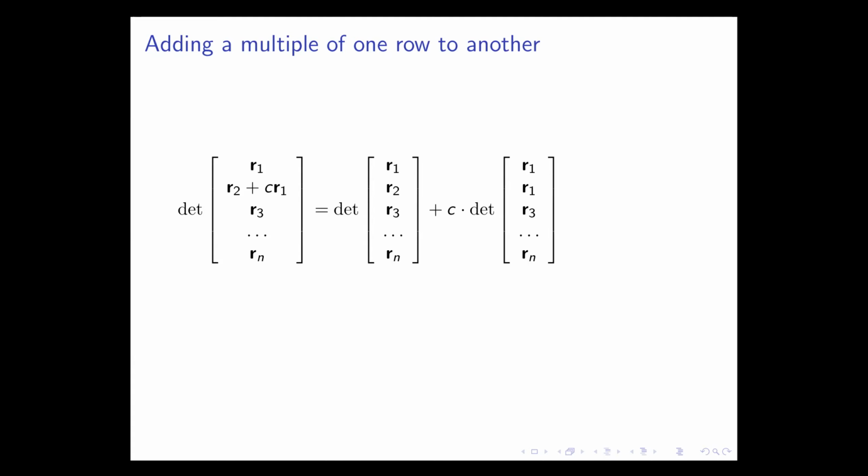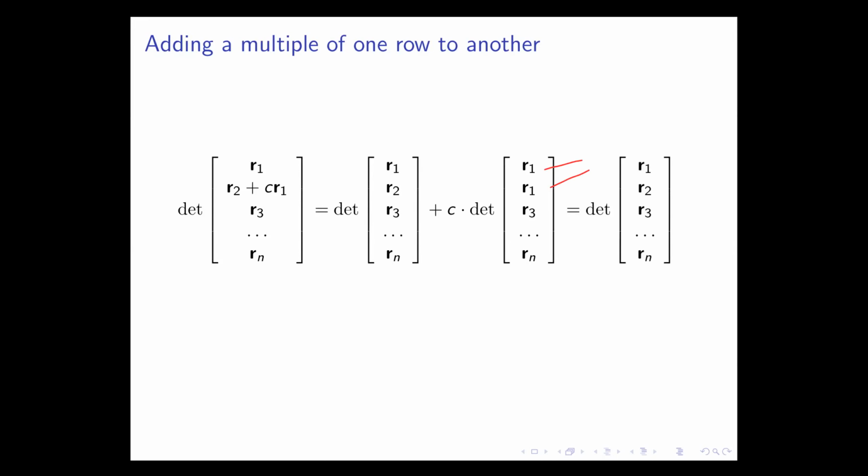It gives you the determinant of the original matrix plus c times the determinant of the matrix where we have two rows R1 and R1.